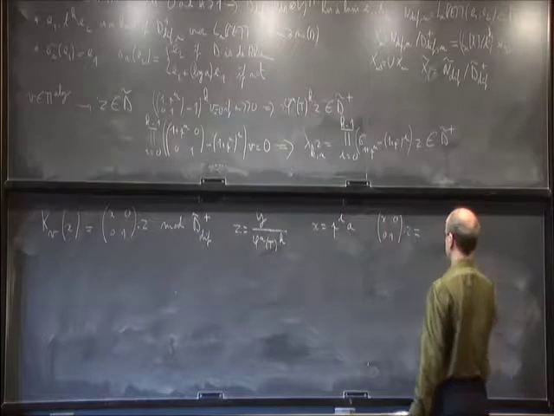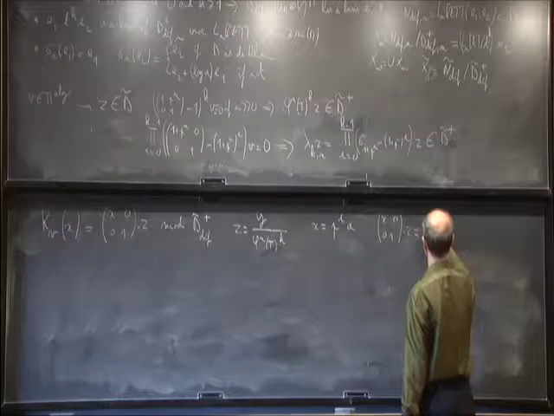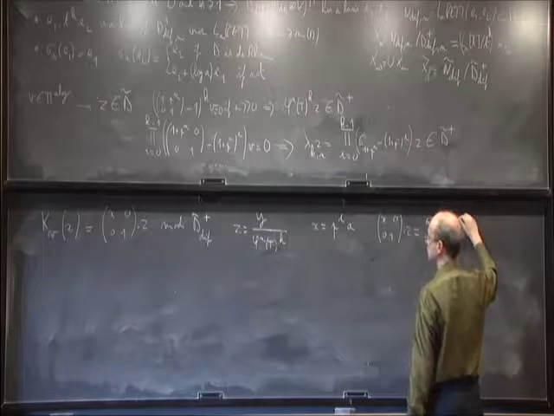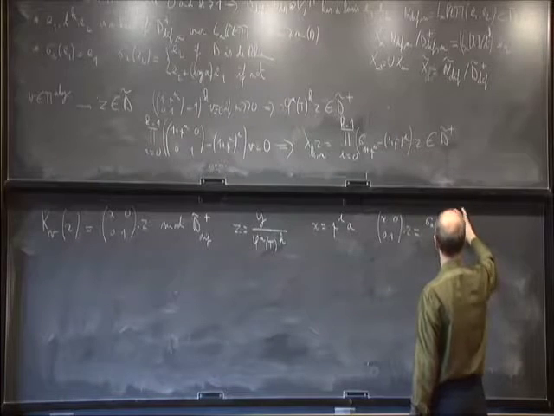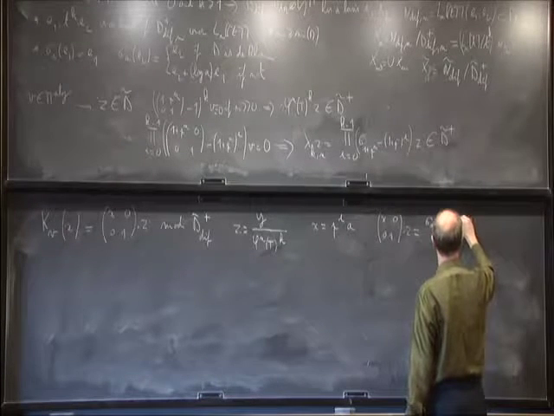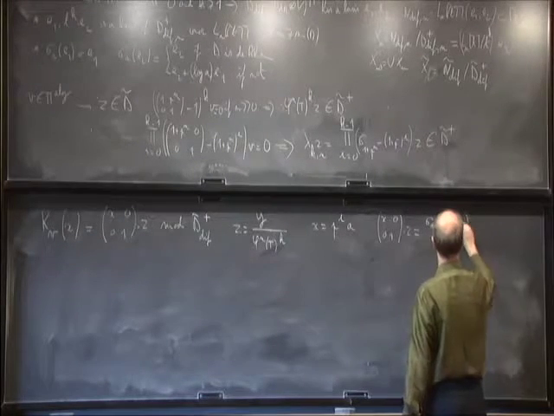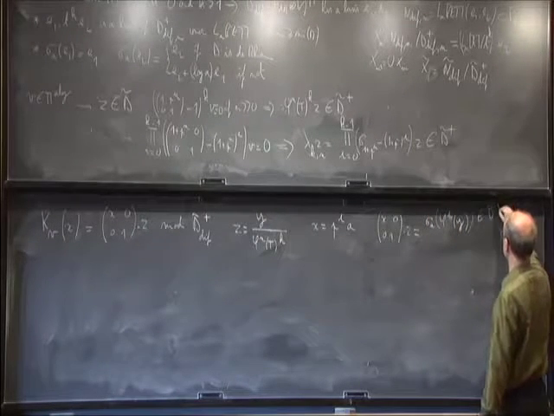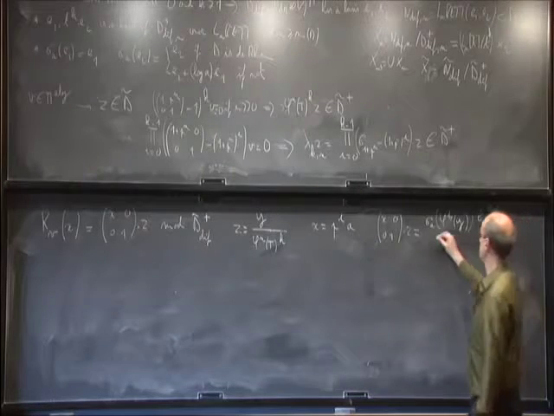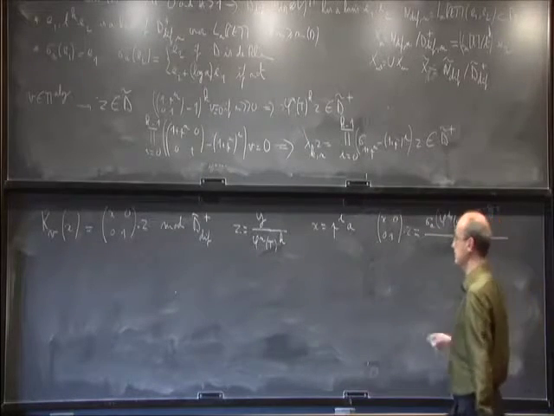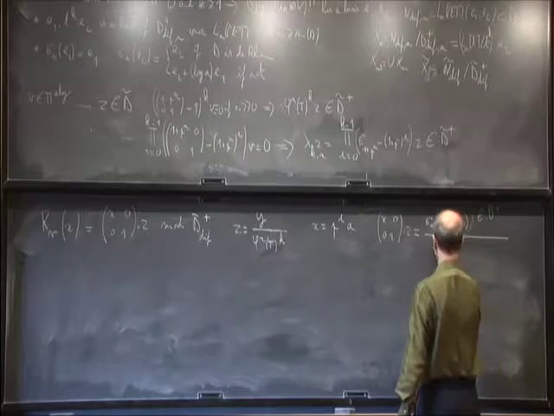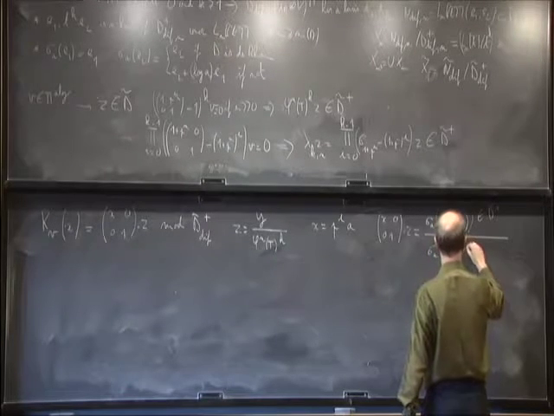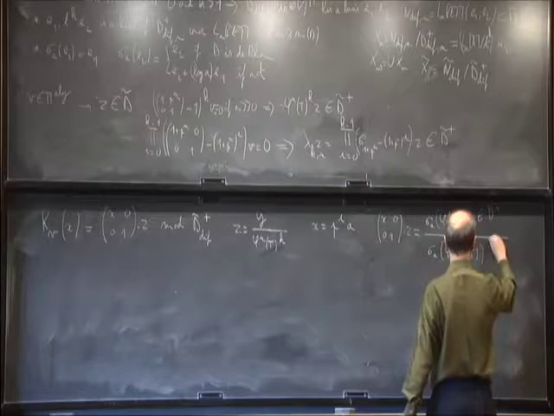So this is going to be sigma a of phi I of y, which is an element in d tilde plus, divided by sigma a of phi n plus I of t to the k.